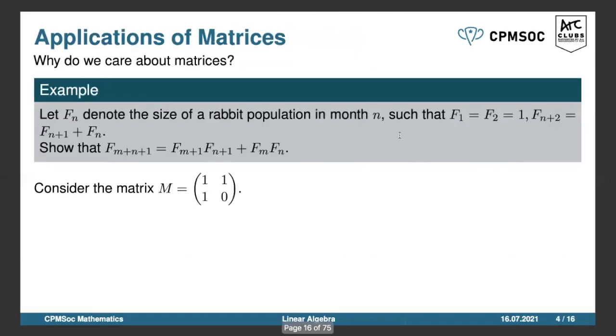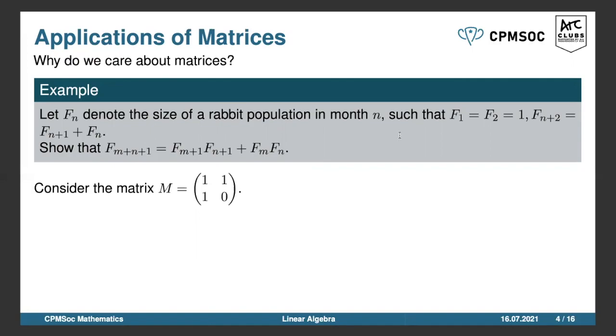All right, so next example, we will look at some applications of using matrices. So you might ask, why do we even care about using these matrices? So let's have a look at this example question. Looking at the population of rabbits and how they increase each month.